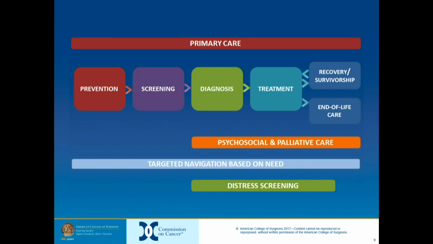Certainly, evidence is building, as we've heard earlier today, that indicates positive patient outcomes across the cancer continuum when distress of any etiology is addressed, patients in need are navigated, patients at risk are navigated, and survivors are empowered with information and given recommendations for a course of future care and resuming a well life.